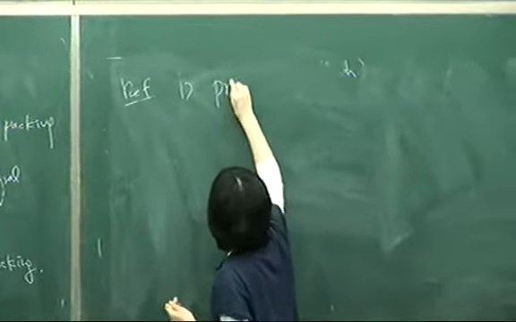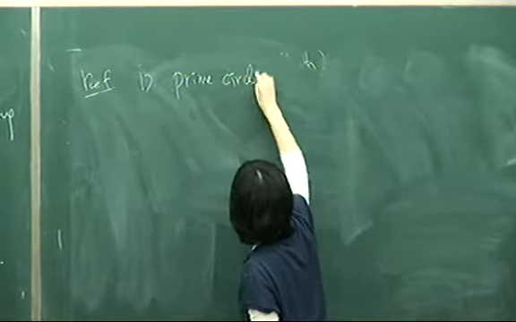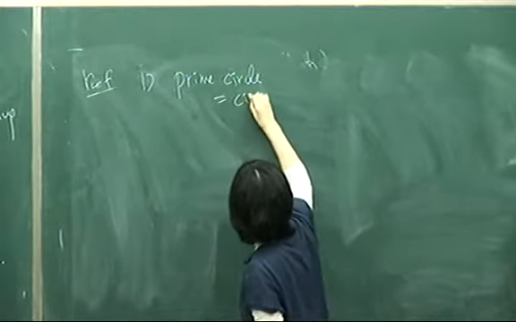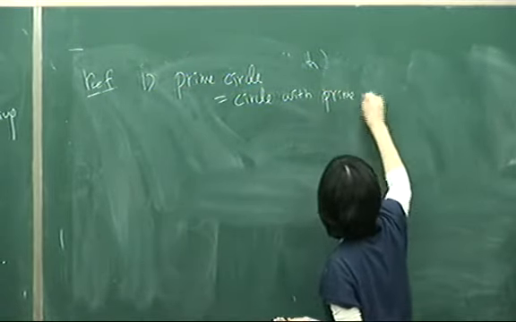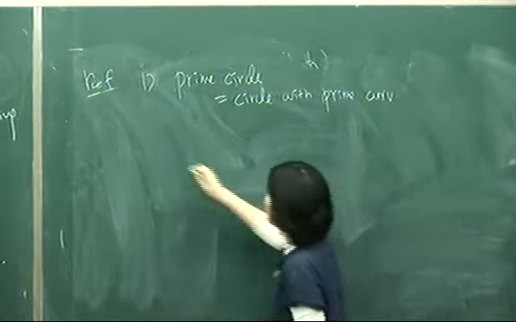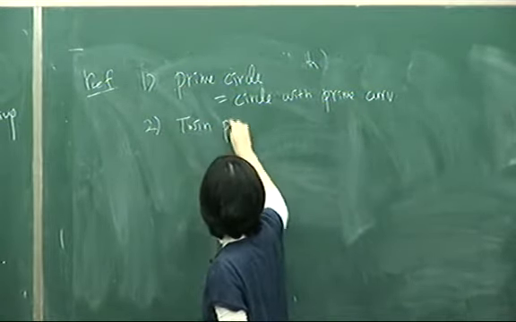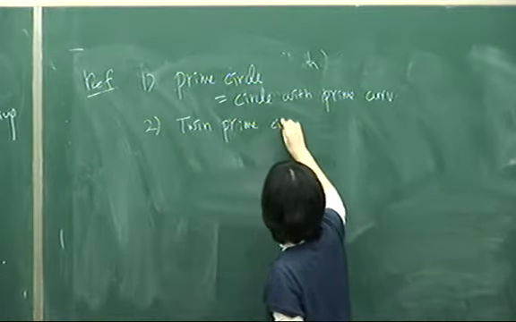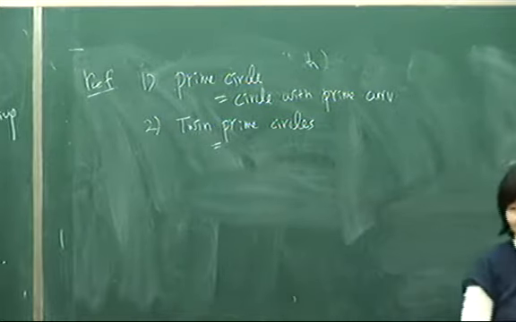A prime circle will be a circle with a prime curvature. We'll also define twin prime circles. Okay, so can anybody guess what twin should mean here?